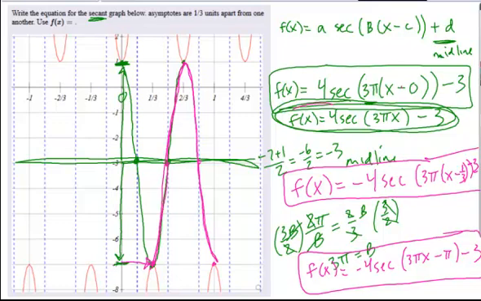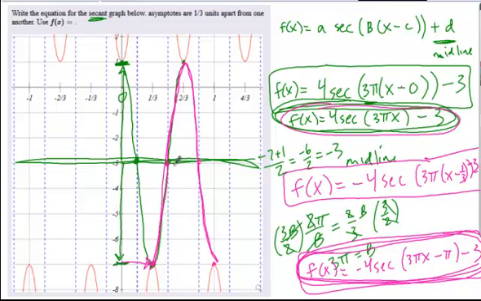This is the answer that I would prefer. It's an easier answer to find, but if you put a negative in front, this would also be a potential answer, an equation that describes that same graph.